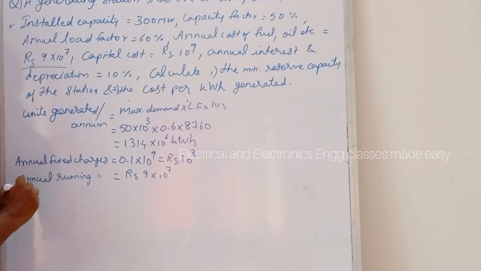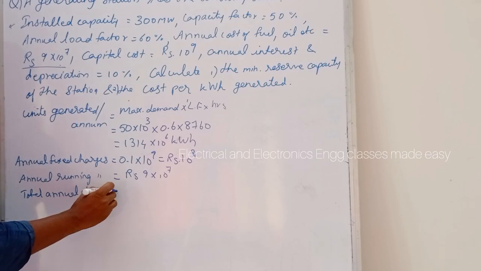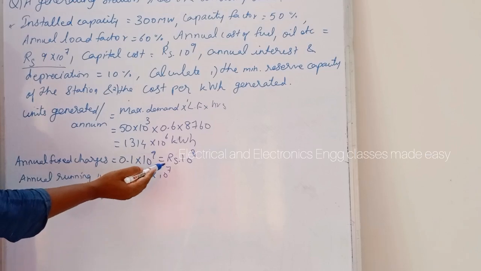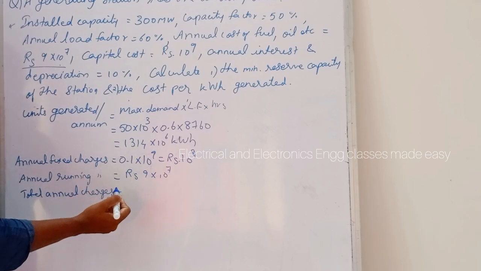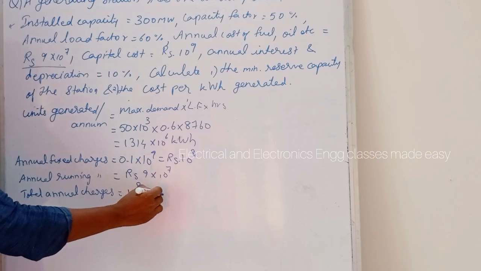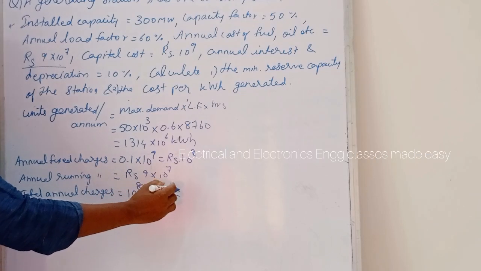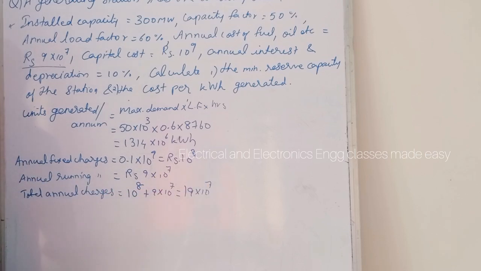Now we can find the total annual charges, add these two. So rupees 10 raised to 8 and rupees 9 into 10 raised to 7, and we get 19 into 10 raised to 7.